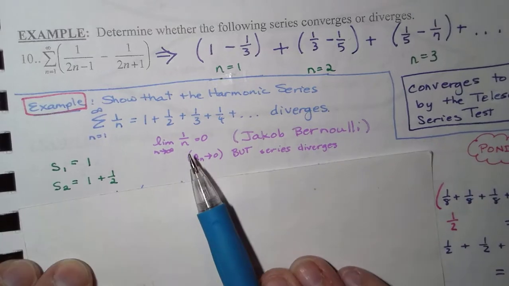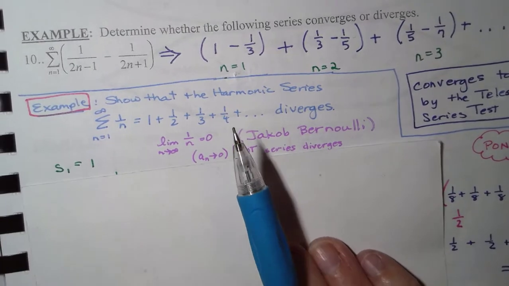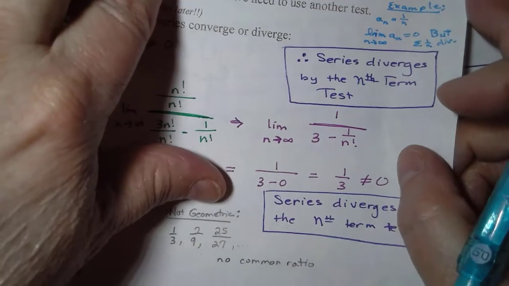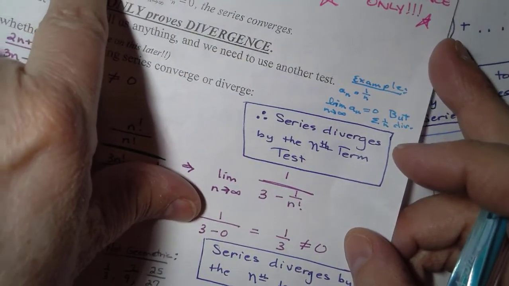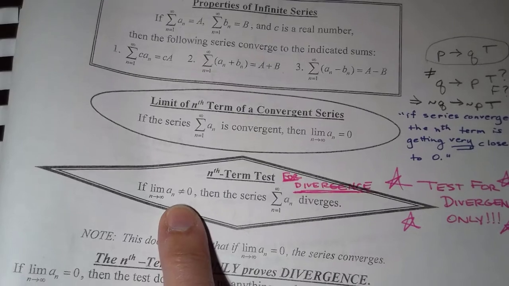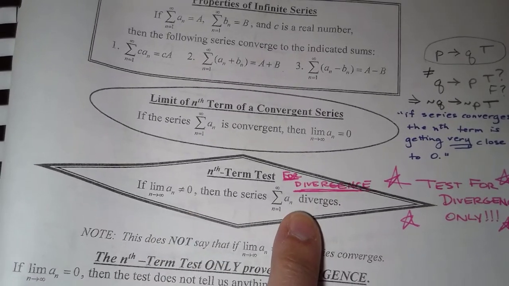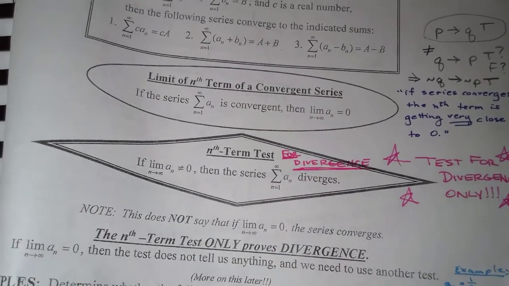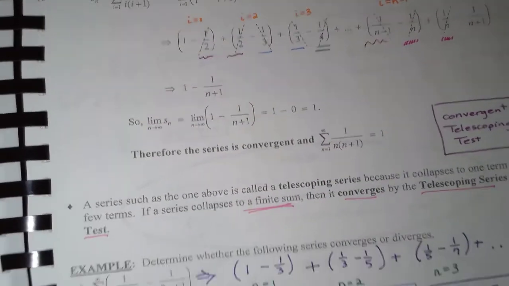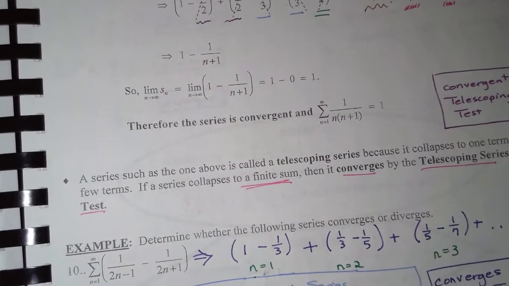So we know my nth term goes to 0, but my nth term test for divergence says if the limit of the nth term is not 0, the series diverges. It doesn't tell me if the limit is 0 that it diverges or that it converges. We have to do something.